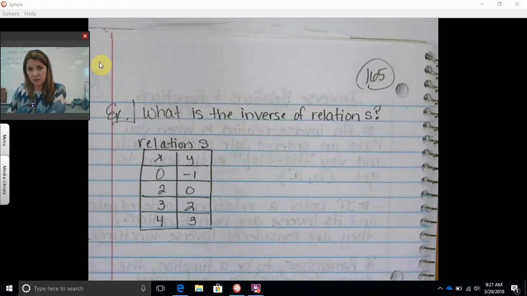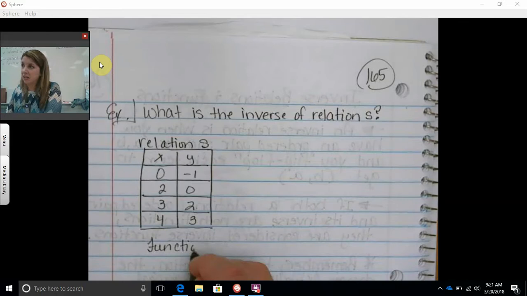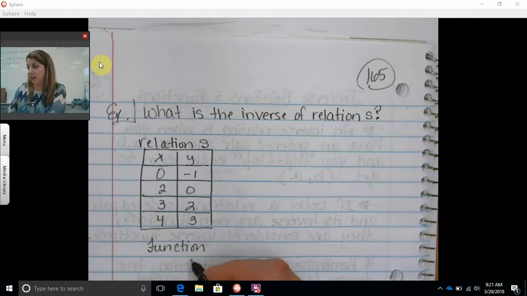Is that relation a function? Yeah, we have no repeating domains, right? 0, 2, 3, and 4, that never repeats. Does not matter if your range repeats. It's all about the domain.